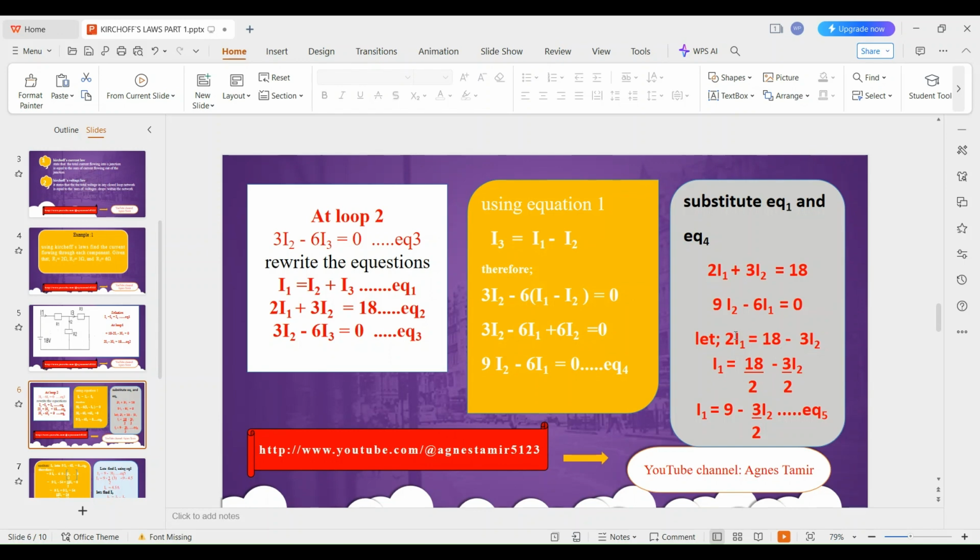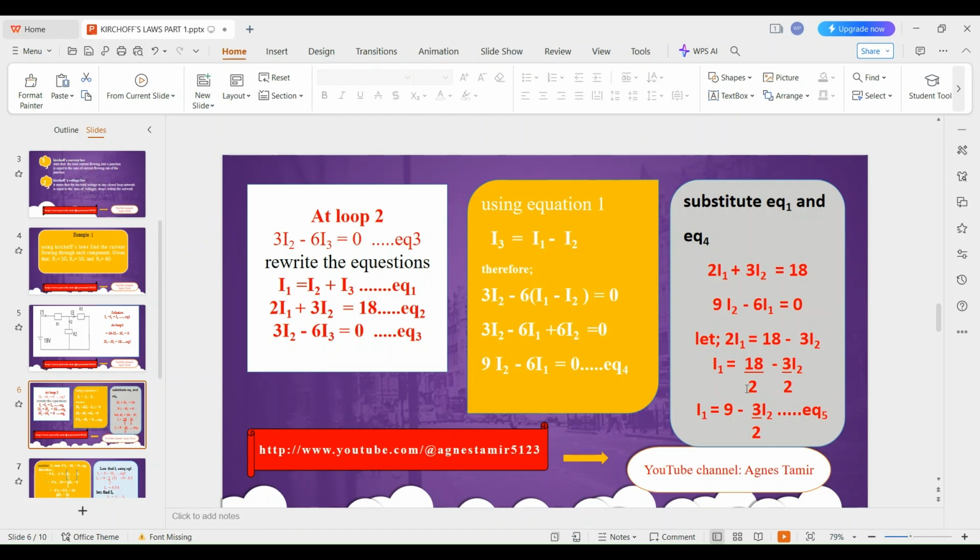Let's divide both sides by 2. Therefore, I1 will be equal to 18 divided by 2, which is 9, and 3 divided by 2. Let's just work with the fraction instead of a decimal point. We shall have 3 over 2 I2. That is our equation 5.